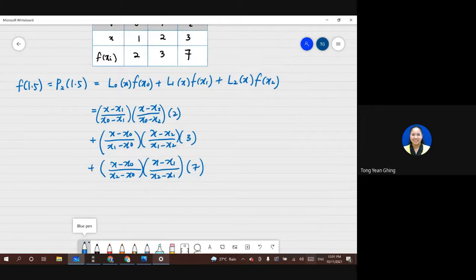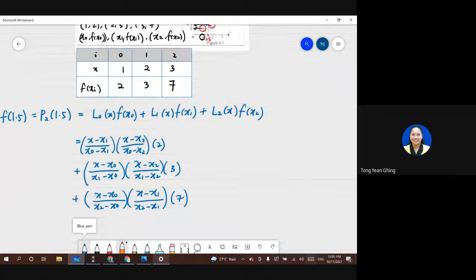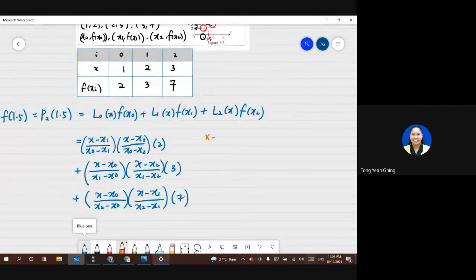Okay, so I will use this one: (x minus b)/(a minus b) times (x minus c)/(a minus c).